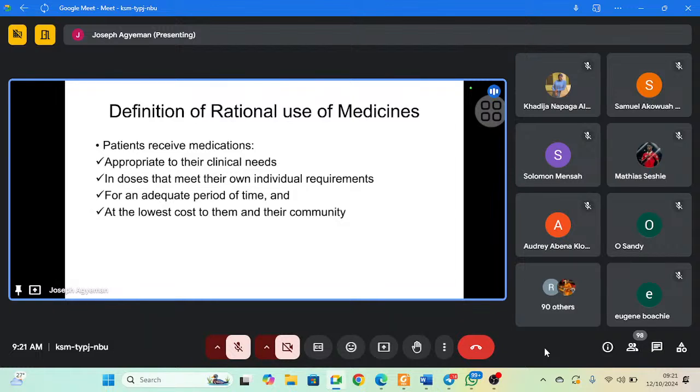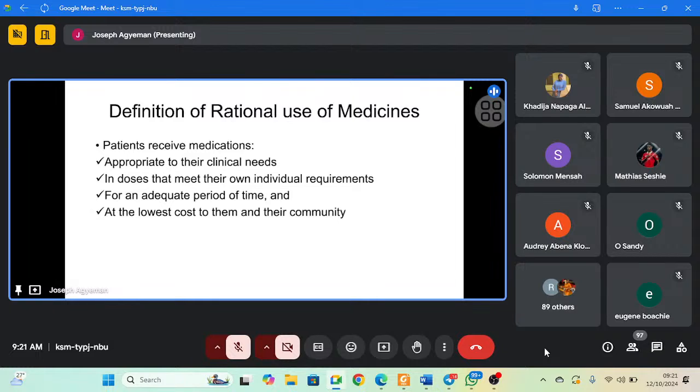It should be appropriate to your clinical needs. So if you give the wrong medication, or if the drug is not indicated, then it becomes irrational use of medicines. But again, the dose should meet that individual's requirement.